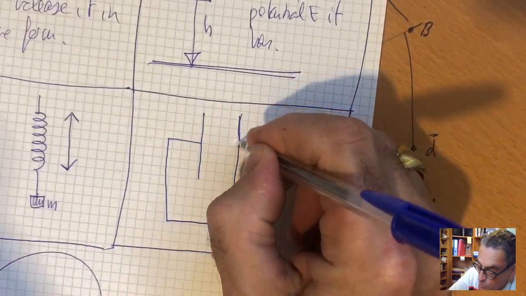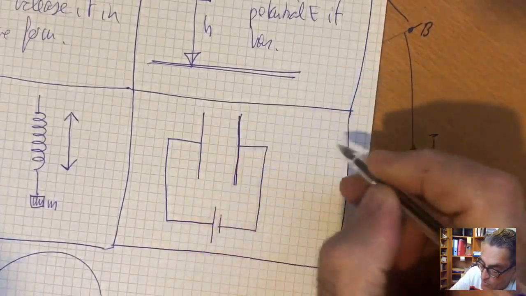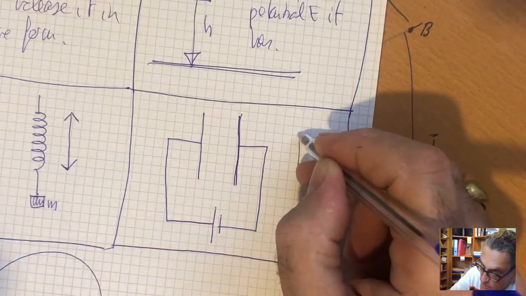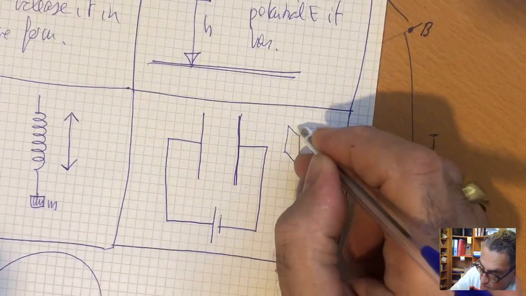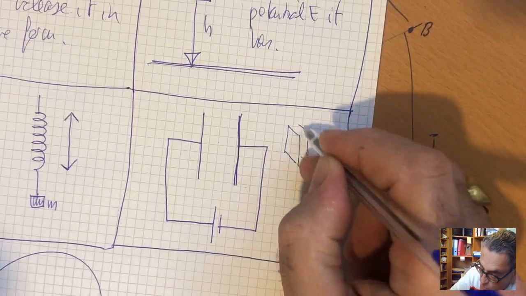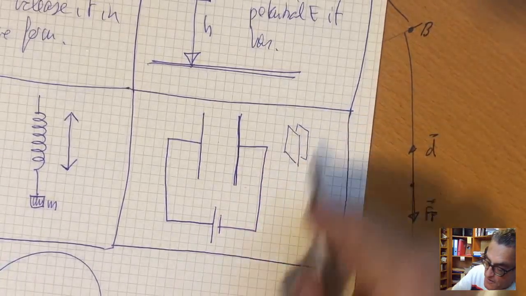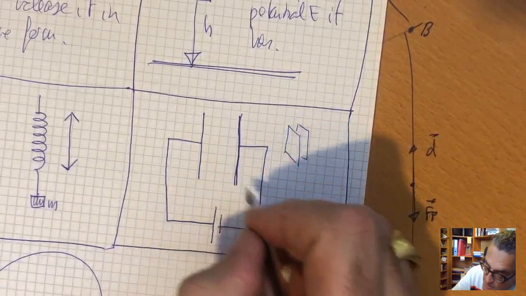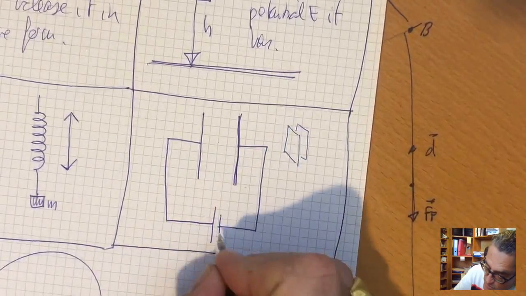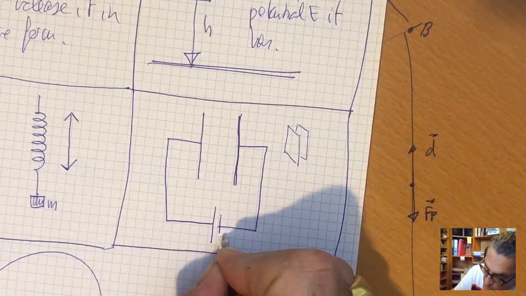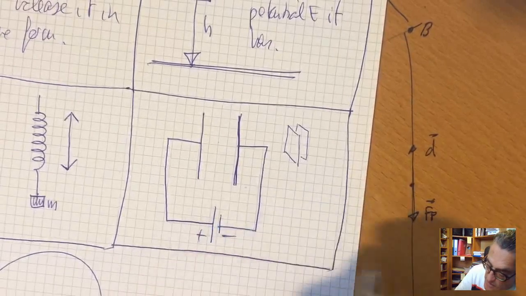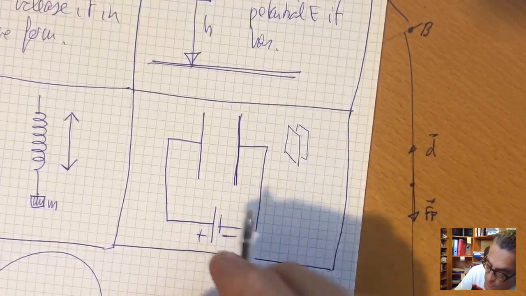It's two metallic plates. Of course, the metallic plates have certain sizes. They are like this, I'm just drawing them from the side. It's two metallic plates, and if you put a generator here, you will have the electrons here, and you will have electrons missing here.